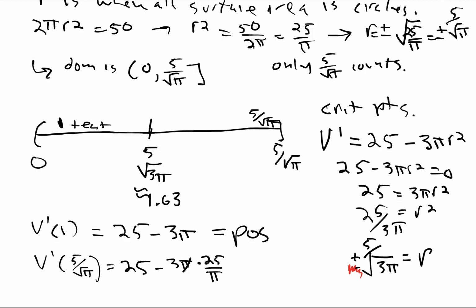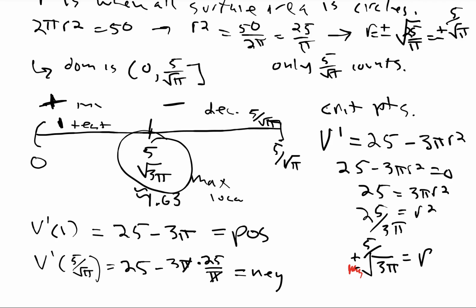I basically got 25 minus about 75 over here, so this is going to come out negative. If I'm doing my sign test, that means I am increasing and then I am decreasing. So indeed, I do hit a maximum at whatever this 5 over root 3 pi is.